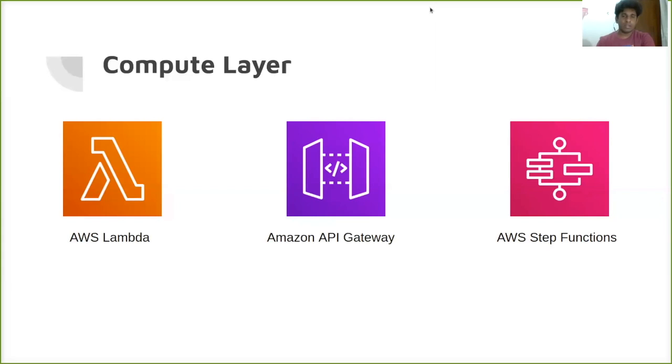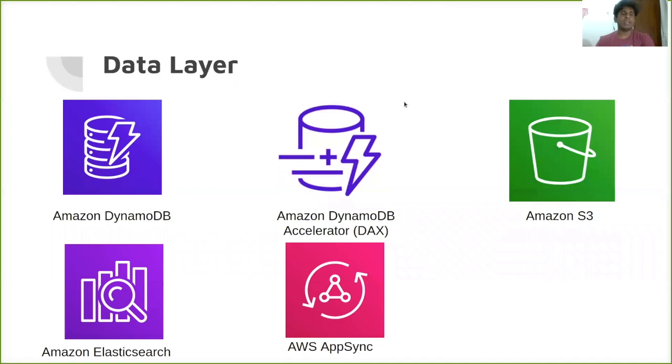And then if we go to the next slide, in any application, we have a data layer. In AWS, there are multiple building blocks that we can use to build applications on the data layer. One of the popular NoSQL databases is DynamoDB, which AWS provides, and then we have S3 to store our application data.